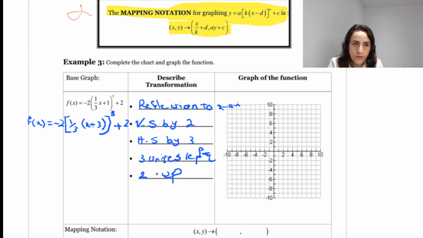Let's put everything together and try to graph a cubic function. A cubic function in a normal way is going to be 1 and 1, and 2 is going to be 8.